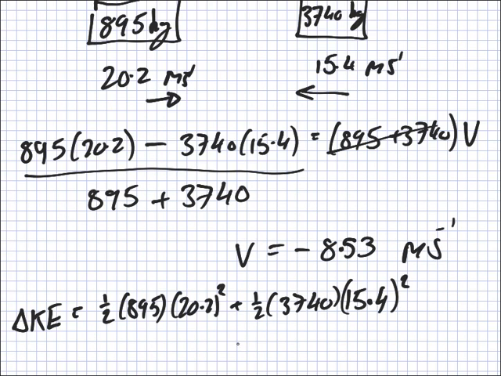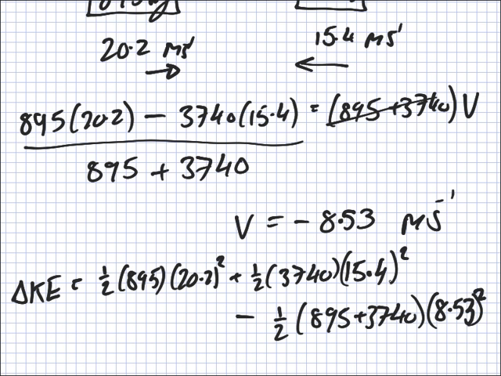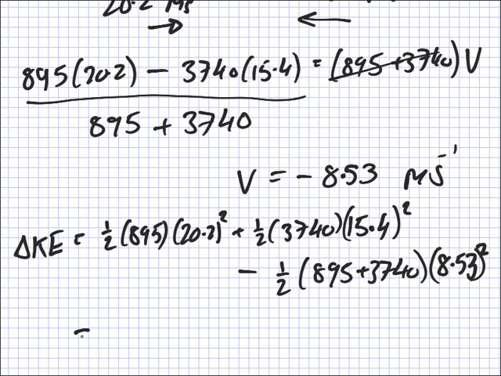Then we have to minus the kinetic energy afterwards, which will be smaller because it loses some. So that's minus a half m v squared. Okay, can you type that in, and then we have that one finished.